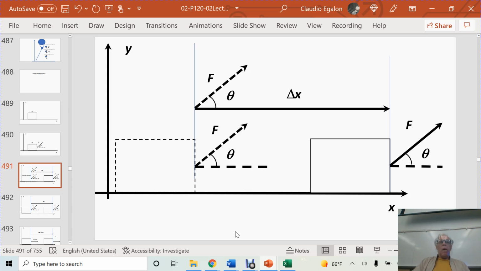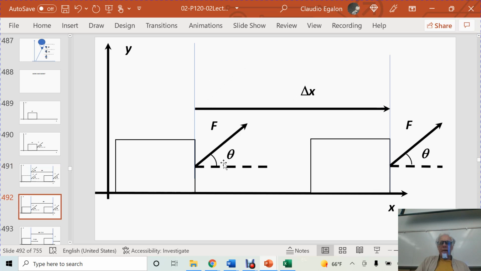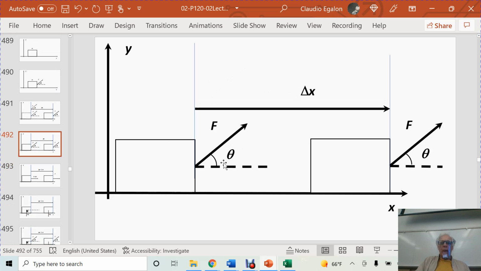We can define the work done by this force. The work done by this force is going to be the force times the displacement times the cosine of the angle theta. That's how we define the work done by a given force.